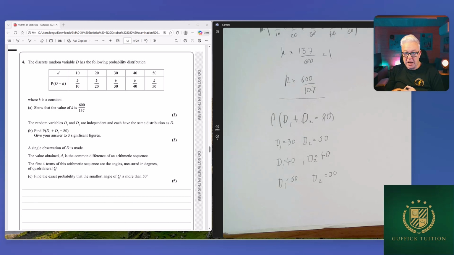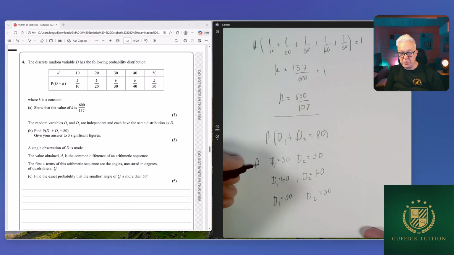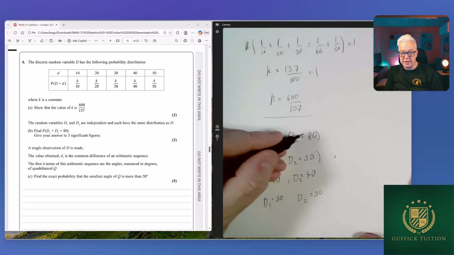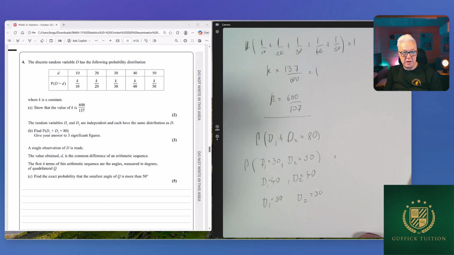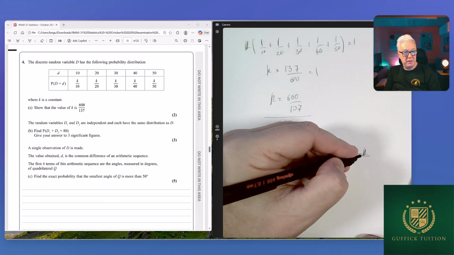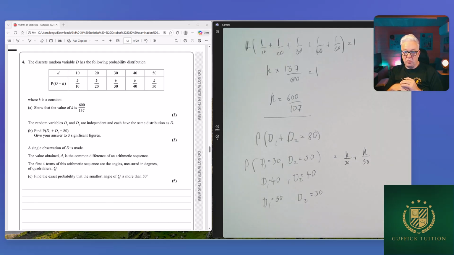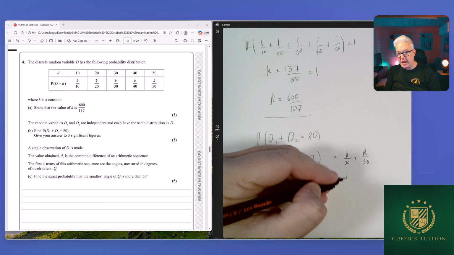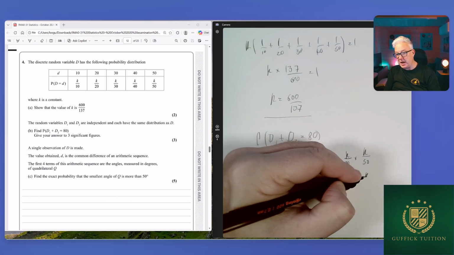Now let's consider what's going to happen here. If we have the probability of d1 being 30 and d2 being 50, then that adds together to make 80. So if d1 is 30, then we have k over 30 times k over 50. That's our one option. Our other option is that they are both 40, so that would be k over 40 times k over 40.